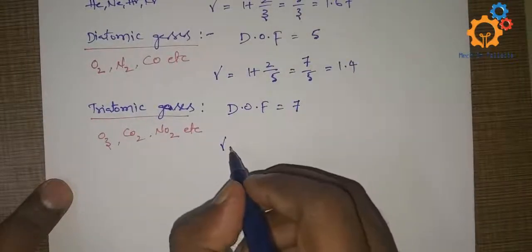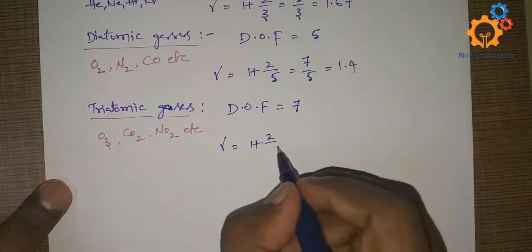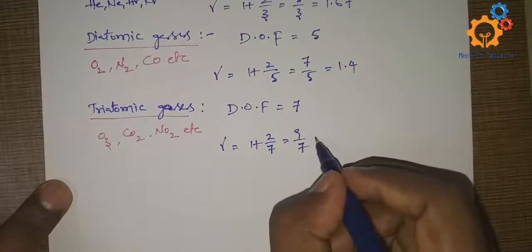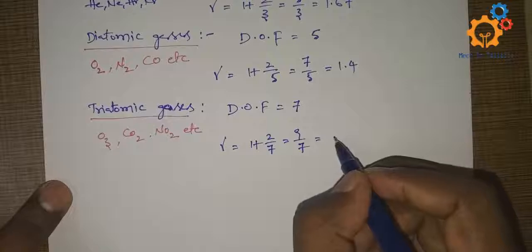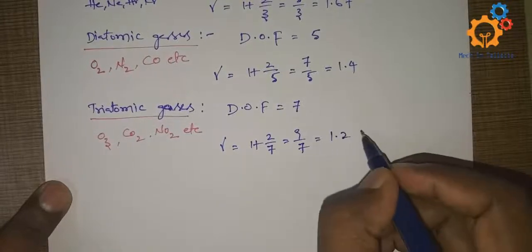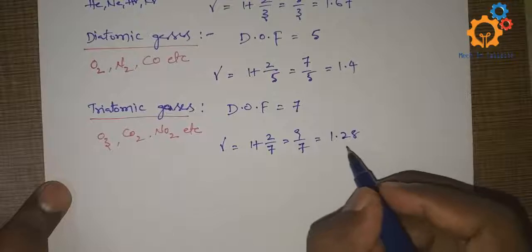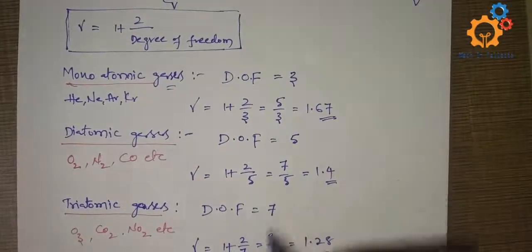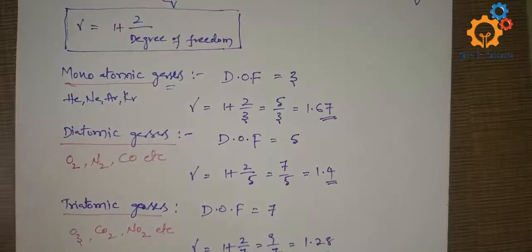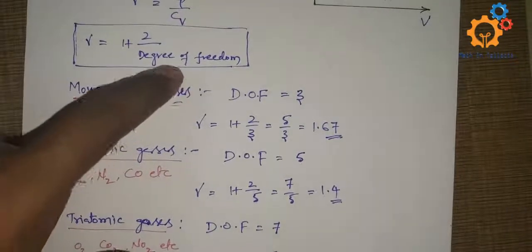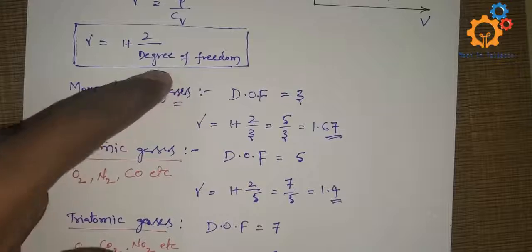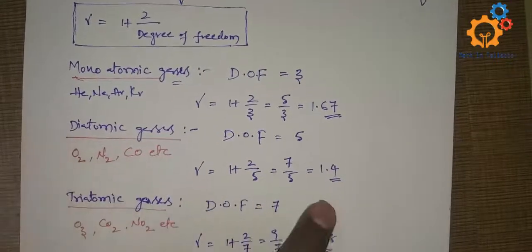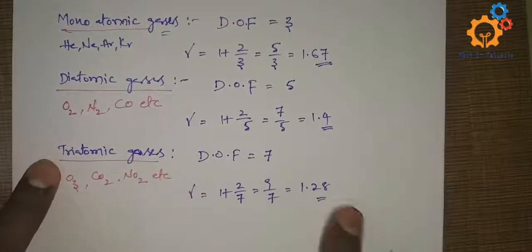So gamma is equal to 1 plus 2 by 7, that is equal to 9 by 7, so this becomes 1.28. So these are the gamma values for different gases. Gamma directly depends upon the degree of freedom of the gas. For monoatomic gases it is 1.67, for diatomic gases it is 1.4, for triatomic gases it is 1.28.